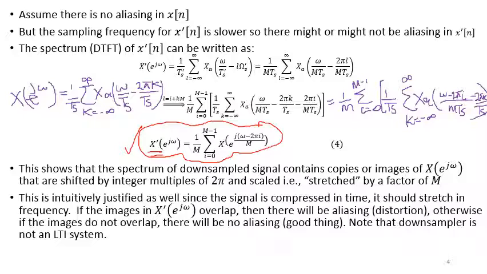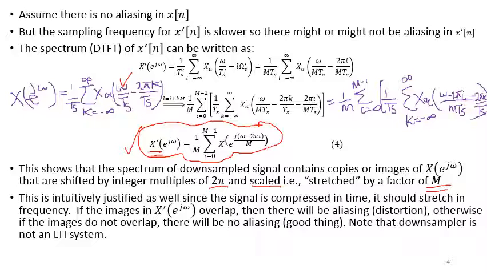This shows that the spectrum of the downsampled signal contains copies or images of x of e^j omega that are shifted by integer multiples of 2 pi, right? If you look at the original one, we have omega by Ts, but now instead we have omega minus 2 pi I, and it is also scaled, that is stretched, by a factor of M. This is intuitively justified as well, since the signal is compressed in time, it should stretch in frequency.